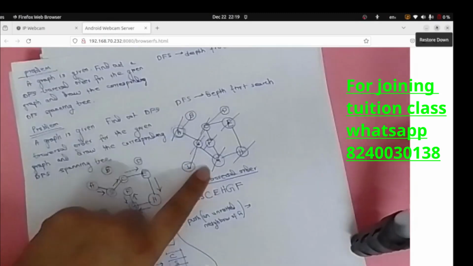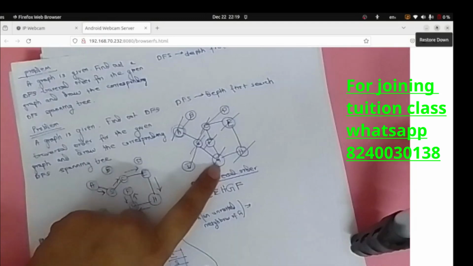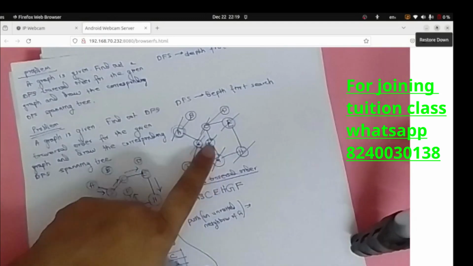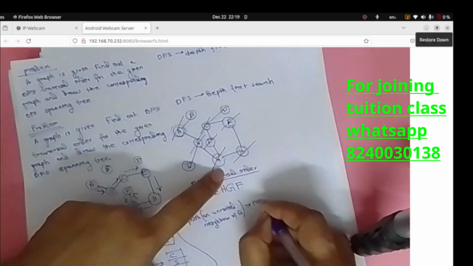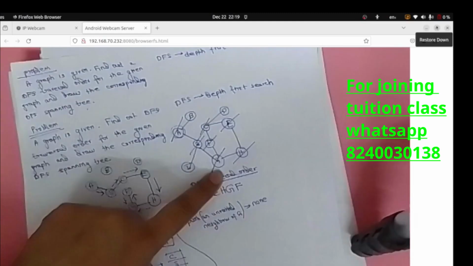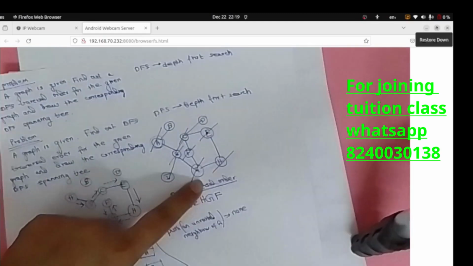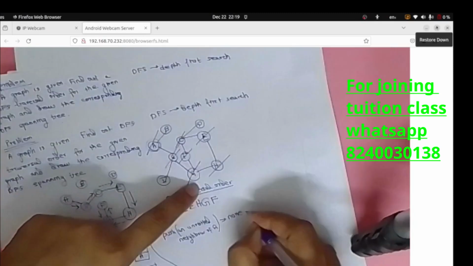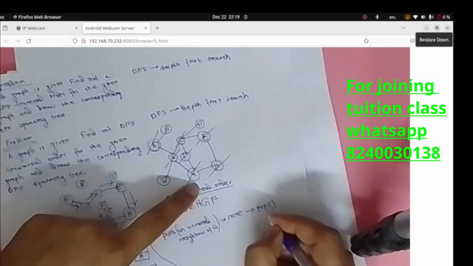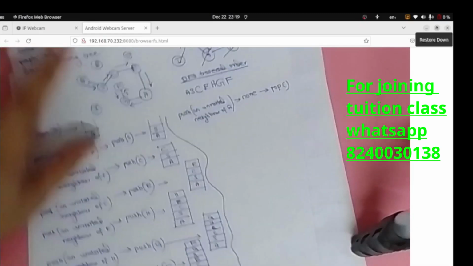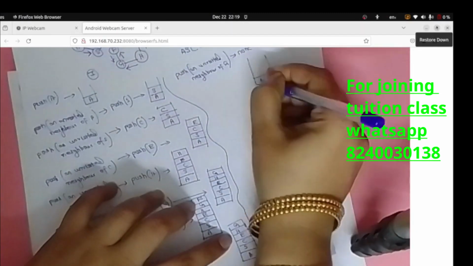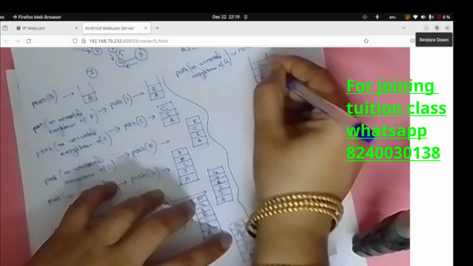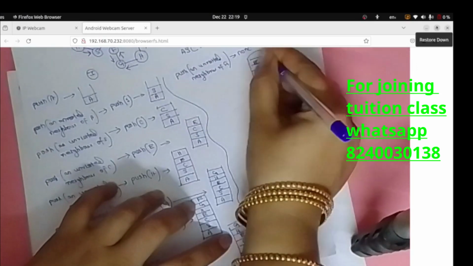If we see the graph, the neighbors of G are S, F, H, all are visited. So there is no unvisited neighbor of G, none. So the operation on the stack will be pop operation. That means the topmost element of the stack will be deleted. So the last stack content was like this. So now the stack becomes A, S, C, E, and H.